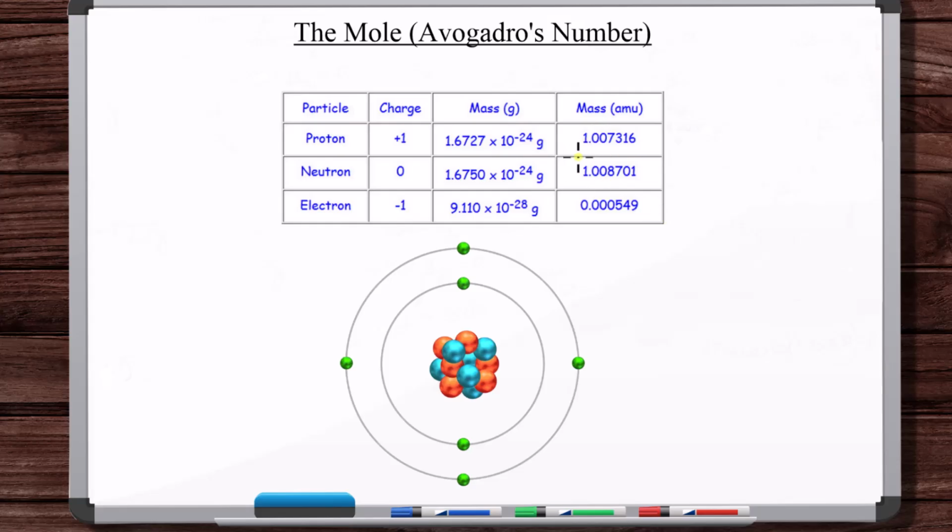Okay, but if we look here, that's not the case. Just the mass of 6 protons and 6 neutrons is going to be greater than 12 AMU. Well, what's happening here is there's going to be a difference.